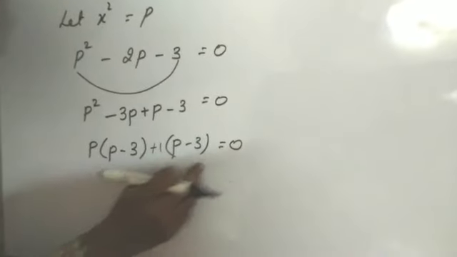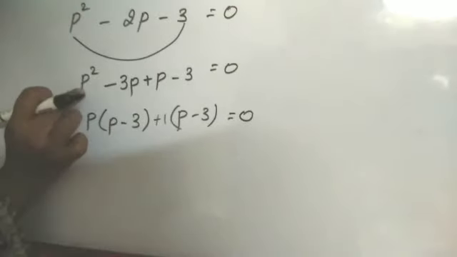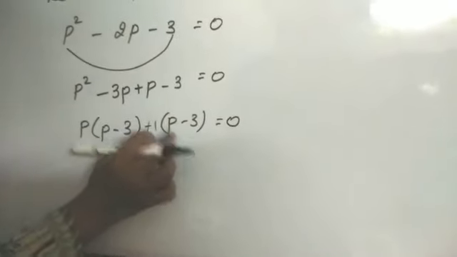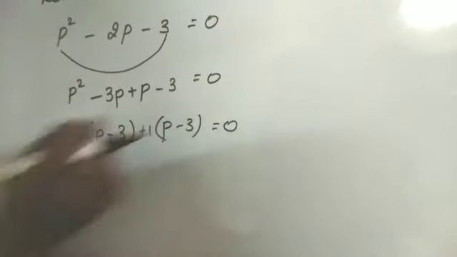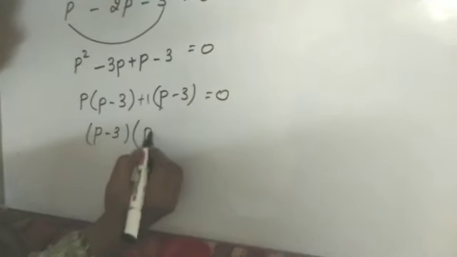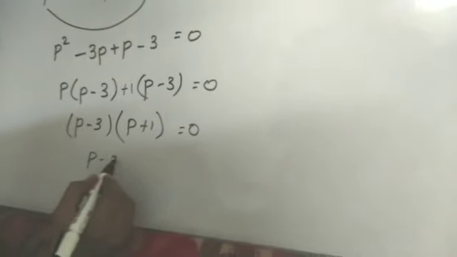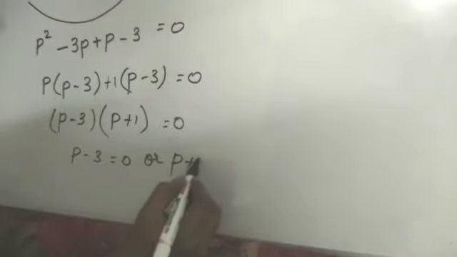Okay, and then here you have to multiply once and check it. p into p squared, p into minus 3p, p into 1, p, and 1 into minus 3 is equal to 0. Then p minus 3 common and p plus 1 is equal to 0. Then p minus 3 is equal to 0 or p plus 1 is equal to 0.